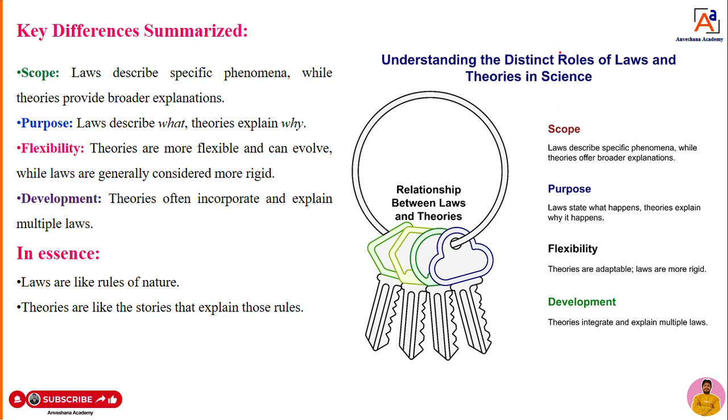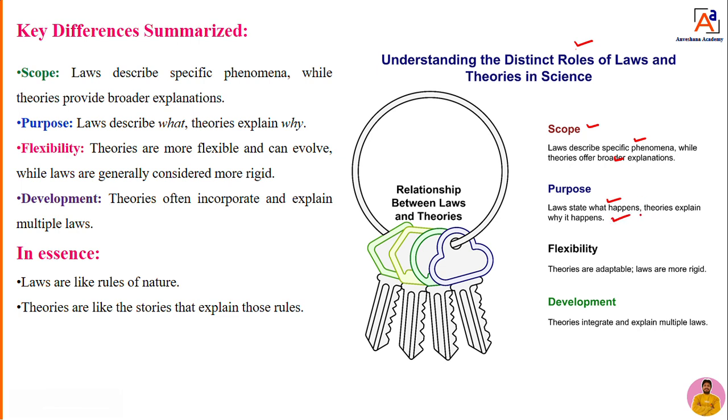There are some distinct roles of laws and theories in science. Scope: laws describe specific phenomena, while theory gives a detailed description of that phenomena. I repeat, laws describe phenomena which are happening in nature, but theory gives a detailed explanation. Laws tell what actually happened.